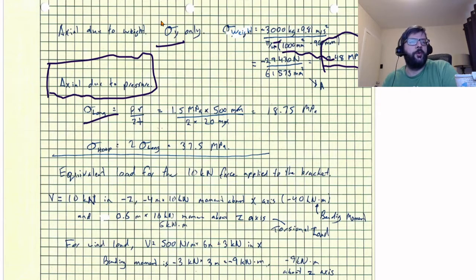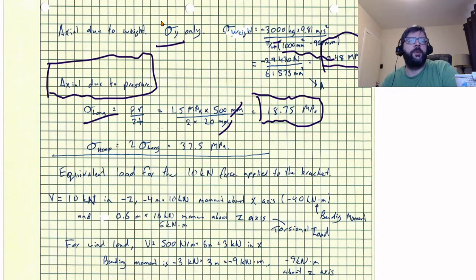So 1.5 megapascals times 500 millimeters divided by 2 times 20 millimeters. Millimeters cancel out. This gives us 18.75 megapascals. So that's the longitudinal stress.